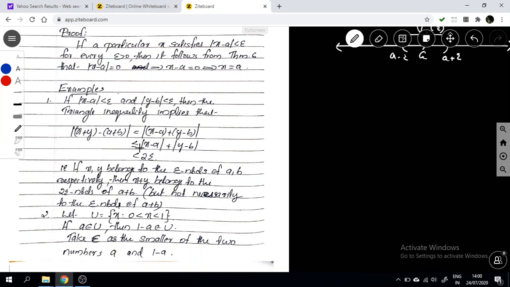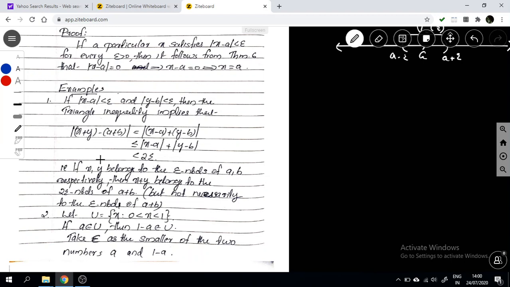With the triangle inequality, this is less than or equal to modulus of x minus a plus modulus of y minus b. Taking x minus a as one term and y minus b as another term, modulus of x minus a is less than epsilon, and modulus of y minus b is less than epsilon. So this is less than epsilon plus epsilon, that is 2 epsilon. That is modulus of x plus y minus a plus b less than 2 epsilon.